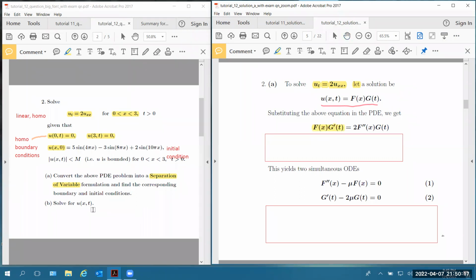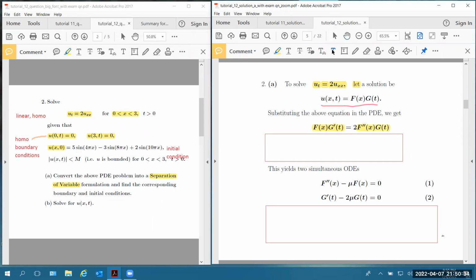Now the right side is 2 times u_xx. See the 2 here. Now u_xx: differentiate with respect to x 2 times. So that will be your f''(x) g(t).